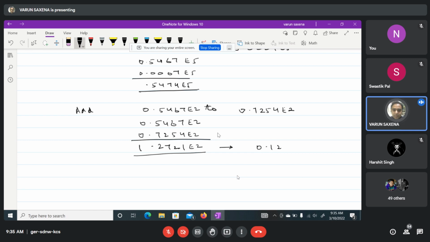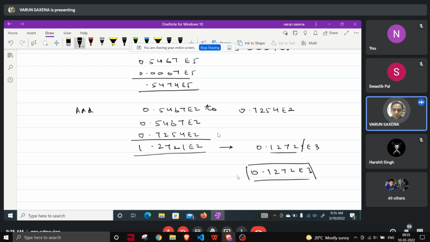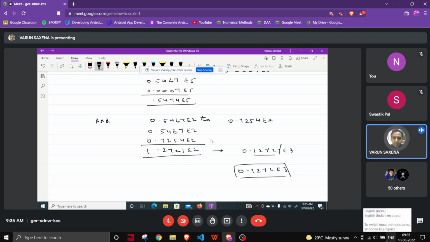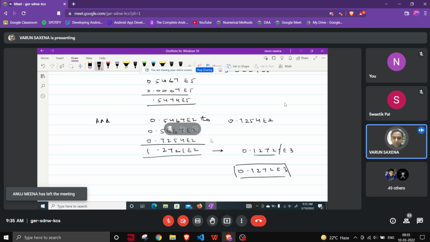So this will become 0.12721 E3, but your computer can only store a 4-digit mantissa, so this last digit will go away and your final answer will be 1272 E3. So this is how the computer will store this. Okay. The reason why one digit is removed is because your computer can only store a 4-digit mantissa. So that's why it is removed.